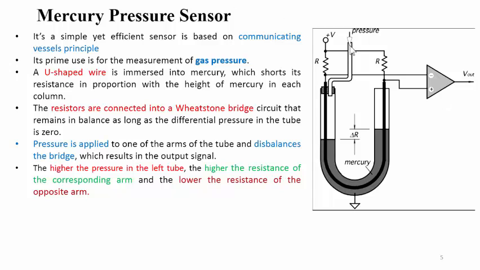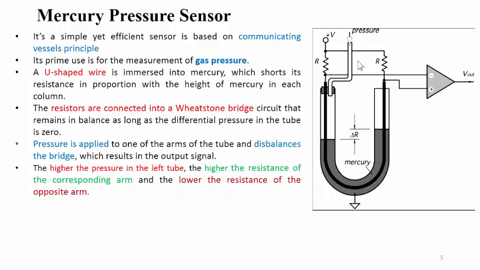Here the pressure is higher in the left side of the tube. In this diagram we can see one pipe connected at one end, where the gas pressure is applied through this pipe, and the gas goes inside and applies pressure to the mercury, and the mercury moves upward.